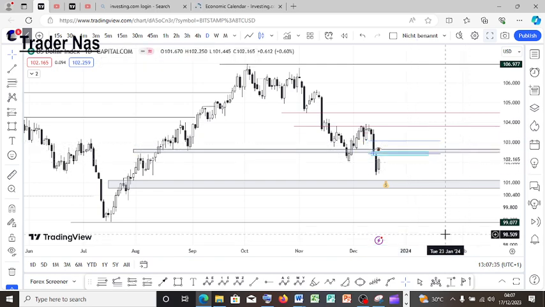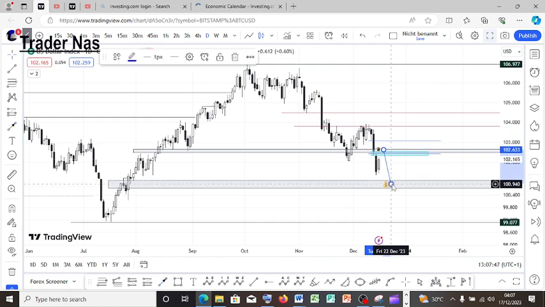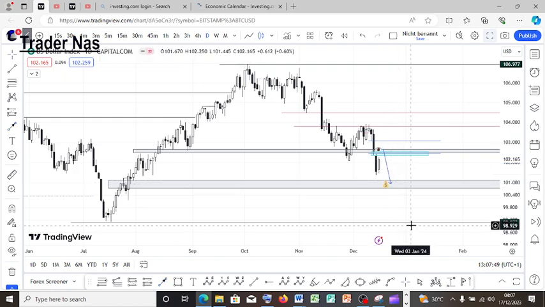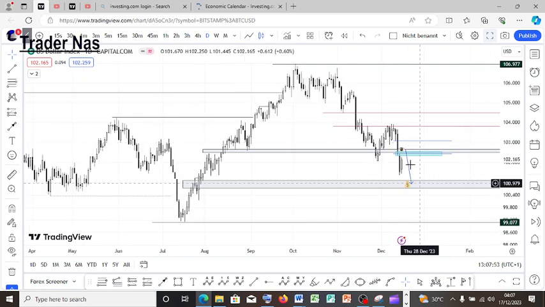So I have a lot of reasons that price could touch this zone here and keep dropping, guys. Nothing more to this zone here. So guys, forget about that DXY.